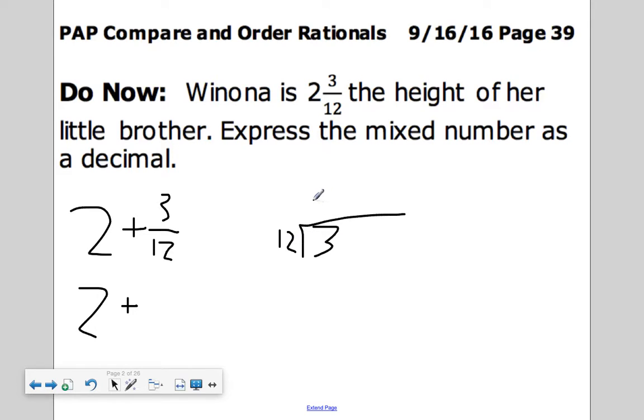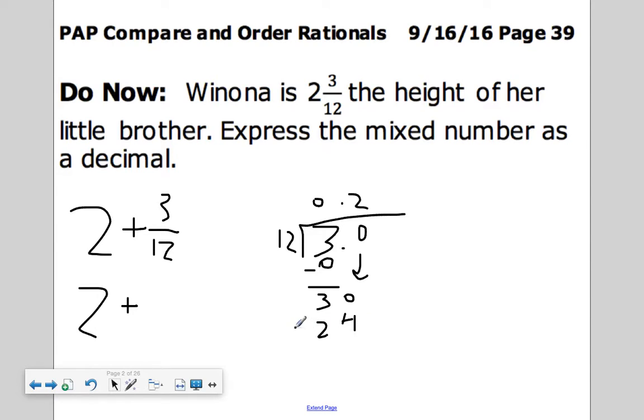Can 12 go into 3? 0 times. What's 3 minus 0? 3. How can I rewrite 3 without changing its value? I put a decimal point and a 0. I bring down the 0. How many groups of 12 go into 30? 2 groups, which is 24.